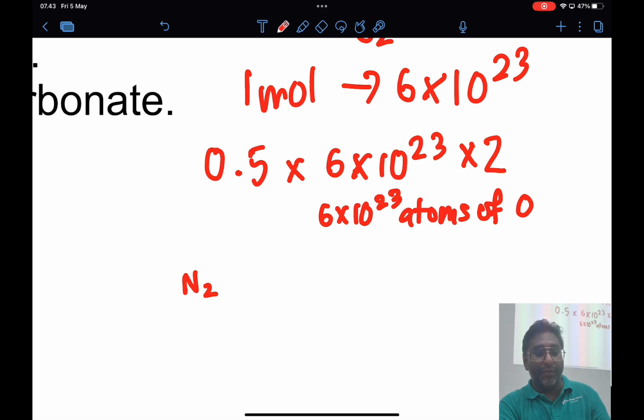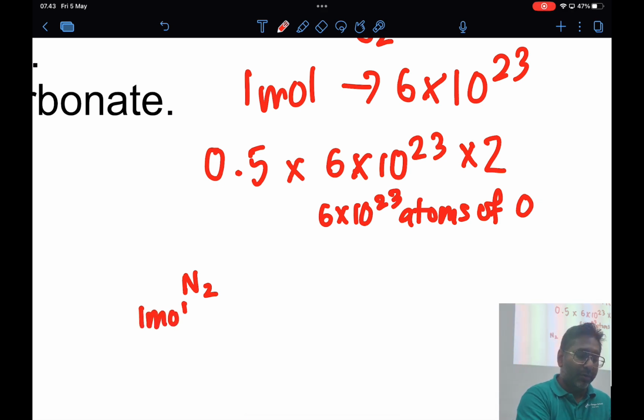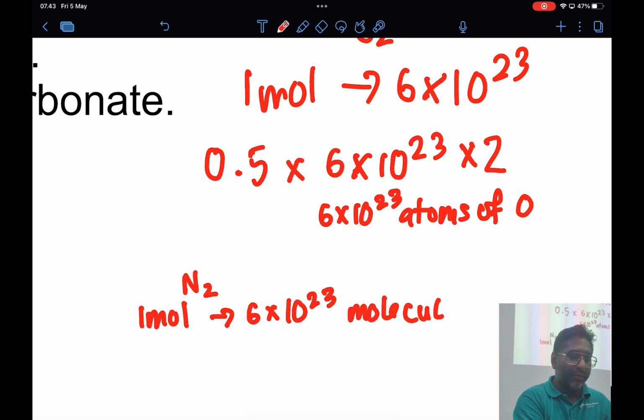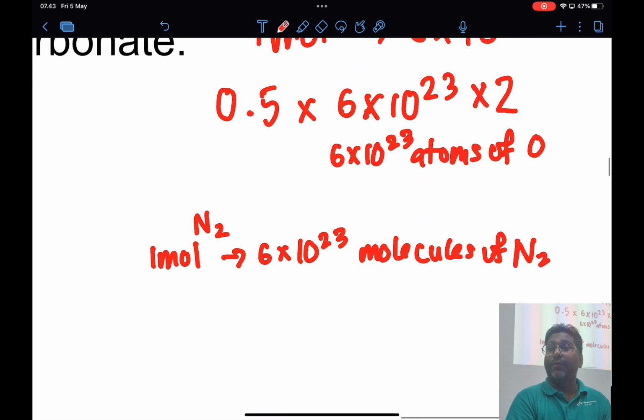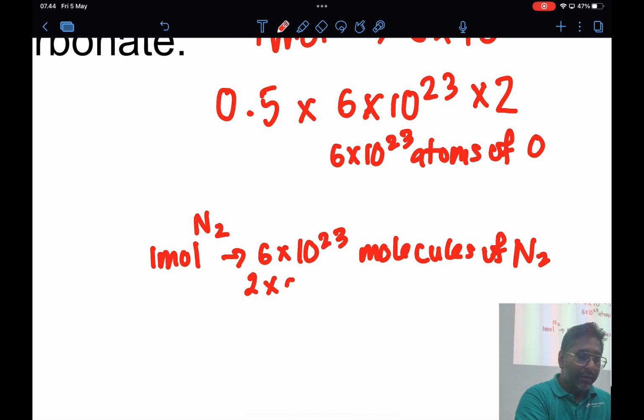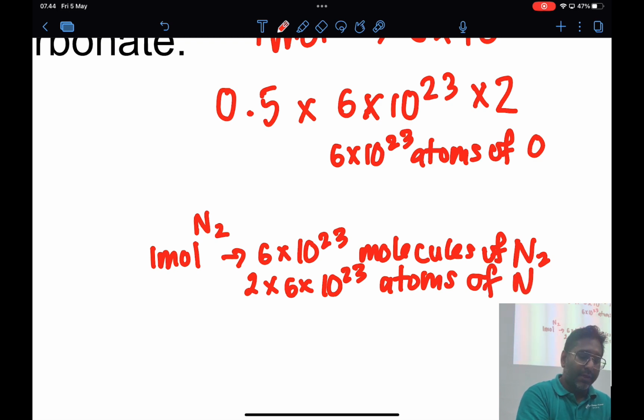If you look at 1 mole of nitrogen, it contains 6 times 10 to the power of 23 molecules of nitrogen. If you are calculating for atoms, 1 molecule of nitrogen has 2 atoms of nitrogen. So 2 times 6 times 10 to the power of 23 atoms of nitrogen.